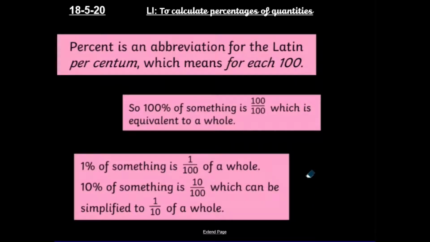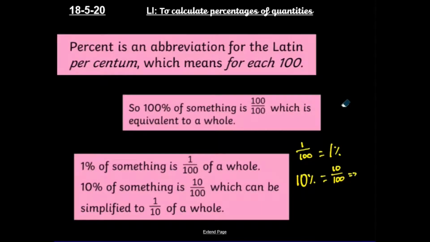Okay, and that's really important that you can understand that for percentages. So instantly, you would know that 1 over 100 is equal to 1%. So if you were to try and find 1% of something, you divide by 100 and times by 1. Again, if you were finding out 10% of something, that is the same as 10 over 100. So you could divide by 100 times by 10.